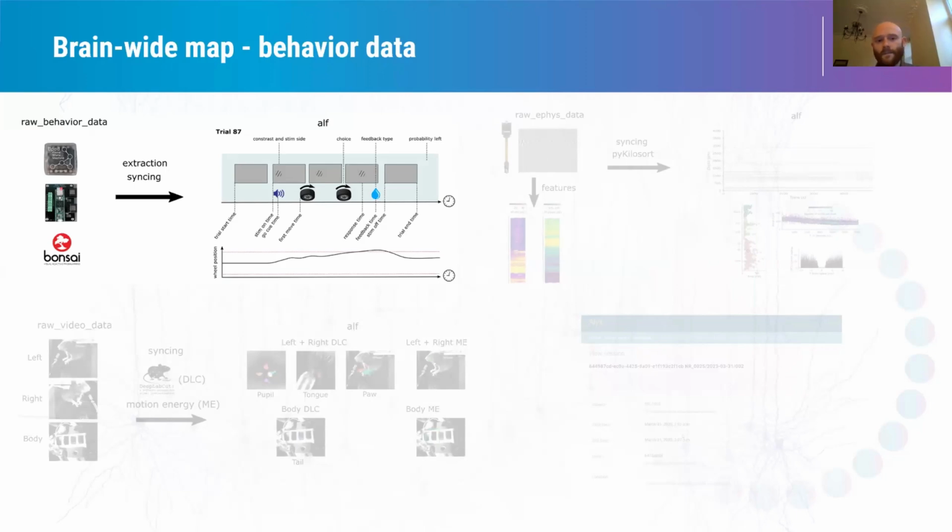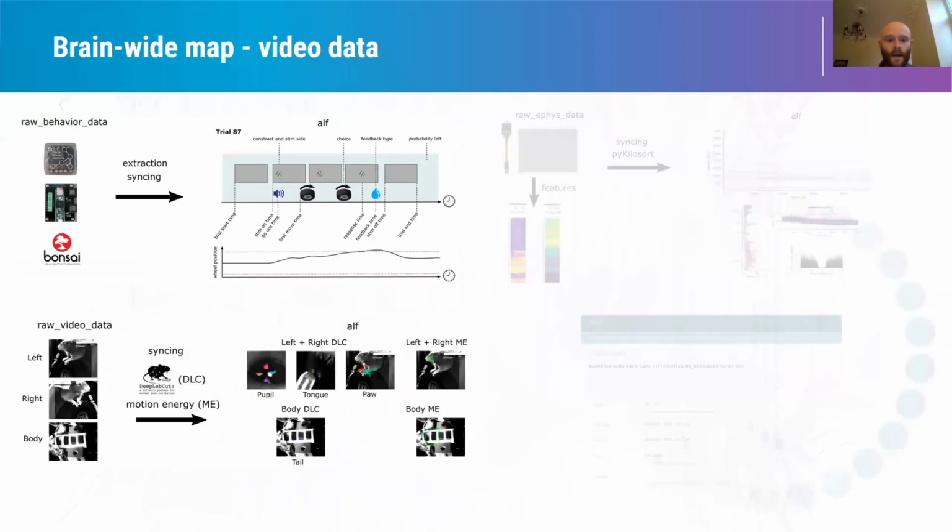It undergoes some pre-processing, which involves extracting some interesting trial event times, task parameters, and then also the wheel position and timestamps. And these are synchronized to a common clock. And I should say the pre-processed data is stored in a folder called ALF. I'll go into more detail with that in a moment.